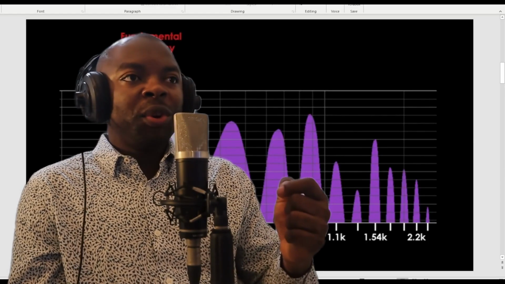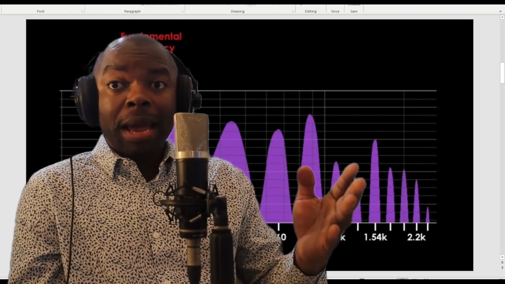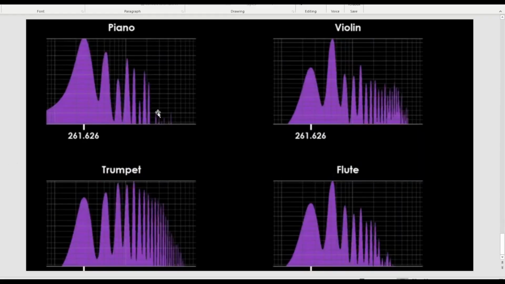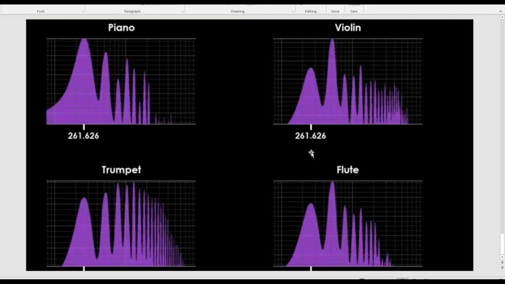And this particular frequency gives the sound its timbre, meaning that if you use a particular instrument, for instance, let's say piano, the amplitude here at 261 will give you the sound of a piano. When you go to the violin, it has the same position on the frequency spectrum, 261 hertz.